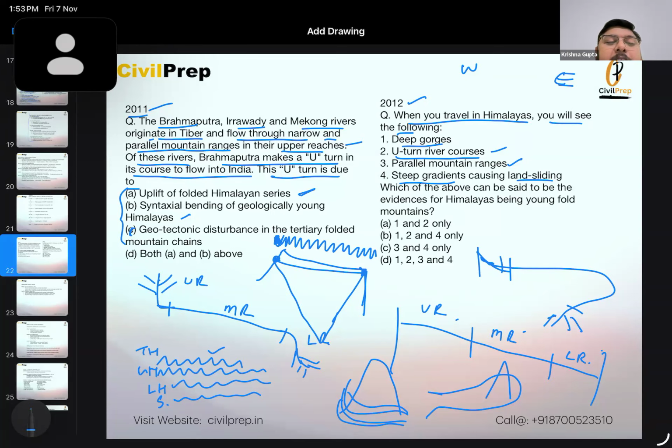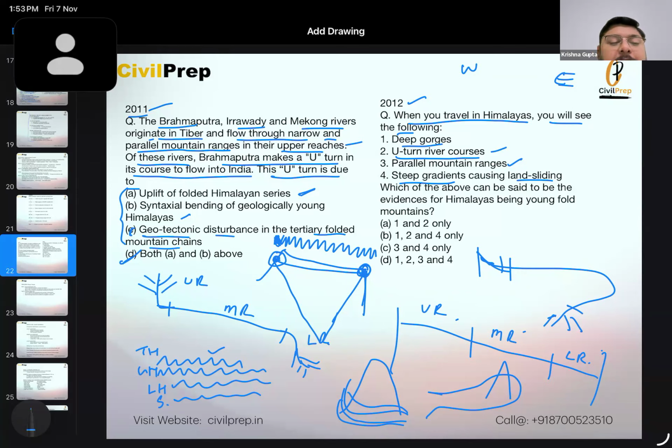And the syntaxial bending of the geologically young Himalayas: here we can see one syntaxial bend, and here another syntaxial bend has taken place. So looking at the options, option D, that is both A and B, is the correct answer. Now looking at option C, the geotectonic disturbance in the tertiary fold mountain chains. What is a geotectonic disturbance?